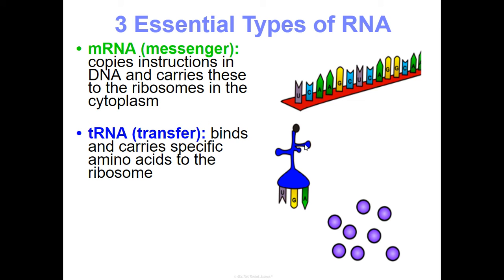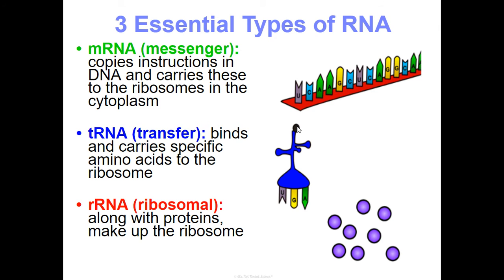The funky looking molecule here is called transfer RNA or tRNA. This actually holds amino acids and brings them to the ribosome. And the last type is rRNA or ribosomal RNA. This RNA helps to build the ribosome and even form the peptide bonds between the amino acids.